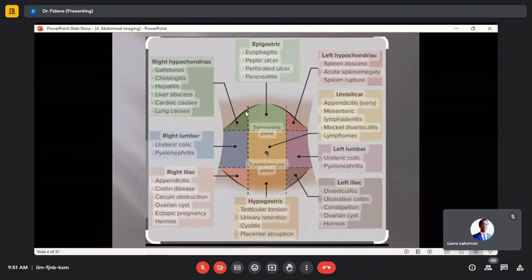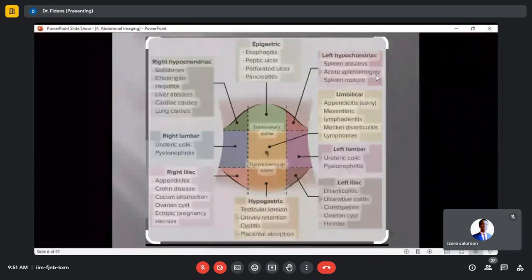That is the right hypochondrium. In the left hypochondrium, there are not many organs. You can think of the spleen or splenic abscess, acute splenomegaly, or splenic rupture, especially in case of trauma.